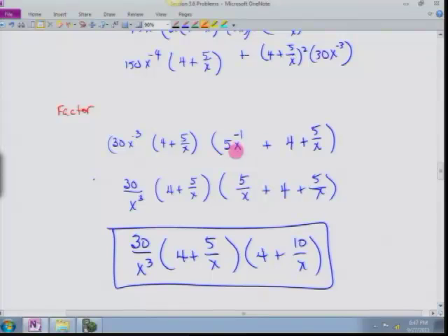Wait, what's wrong with that? It's okay. Here's what happened. You typically can't take it out because it's bigger, but I ended up with 5x to the negative 1. Do you guys see that? Or is anybody with me?